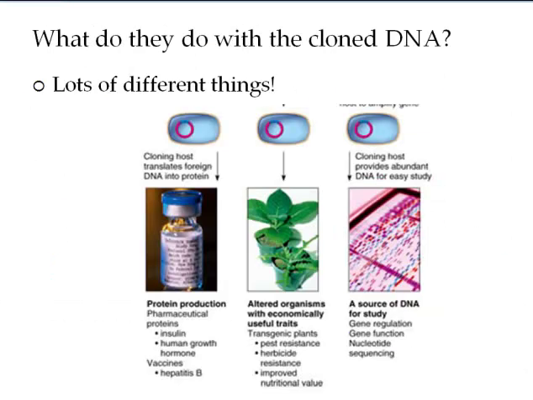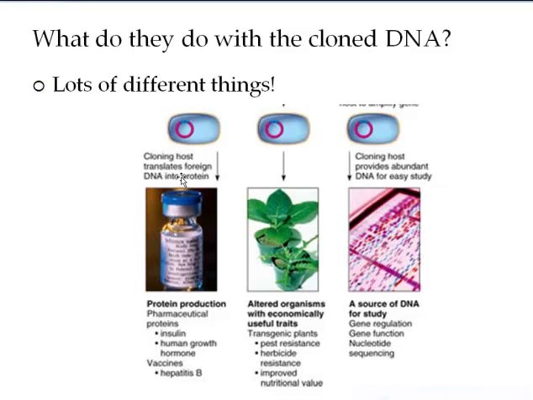So what do they do with the cloned DNA? The cloned DNA has many uses. For example, in the first picture up here, you can see that it is used for protein production, for example, insulin, human growth hormones or vaccines.